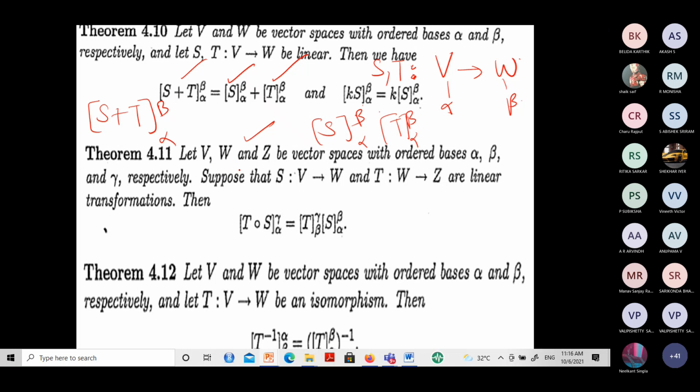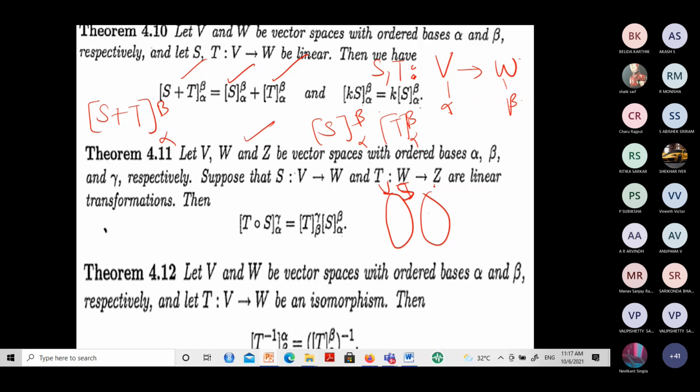Let V, W and Z be vector spaces with ordered bases alpha, beta and gamma respectively. Suppose that S is from V to W and T is from W to Z are linear transformations, then T composition S. T composition S, first T has to be applied, right? T is from what? T composition S, sorry, first S has to be applied.